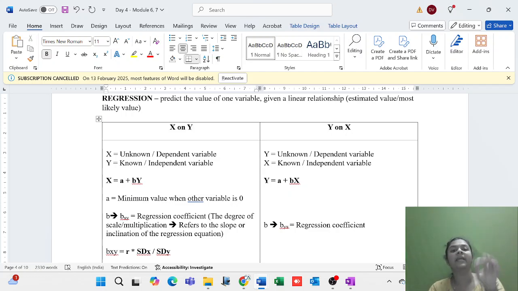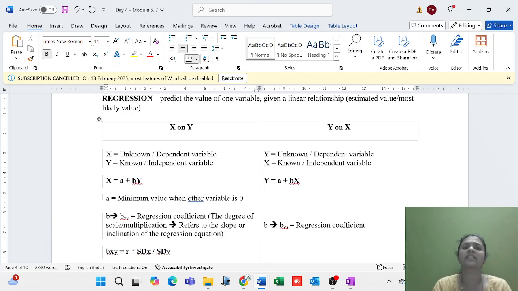Now it is very important to see in the question which value is given. Whatever is given or the known value is the independent variable. Now if x is given, x is the independent variable, therefore y will become the dependent variable and the equation that you will use is y on x. If it is vice versa, then you should use x on y. So you should be very clear in identifying in the question which value is given.